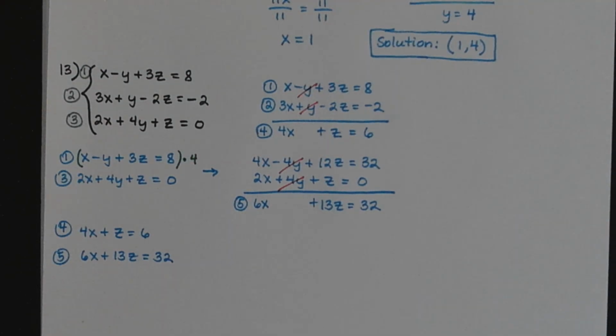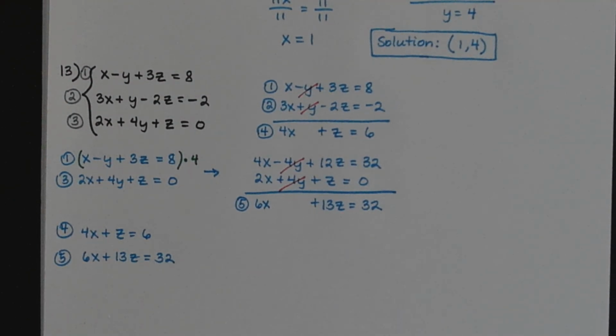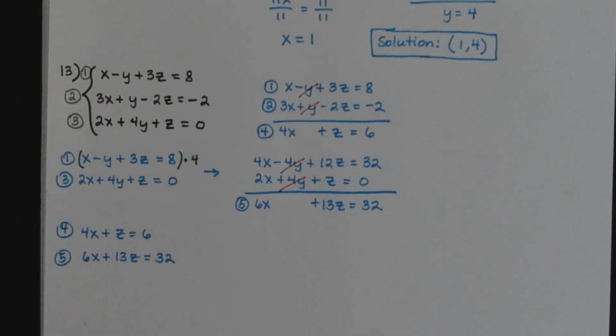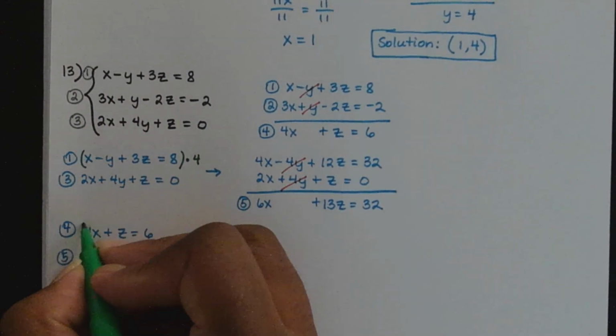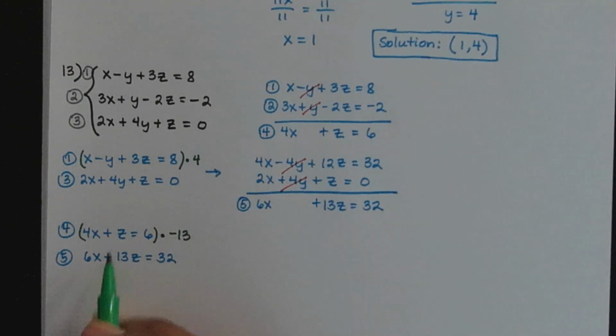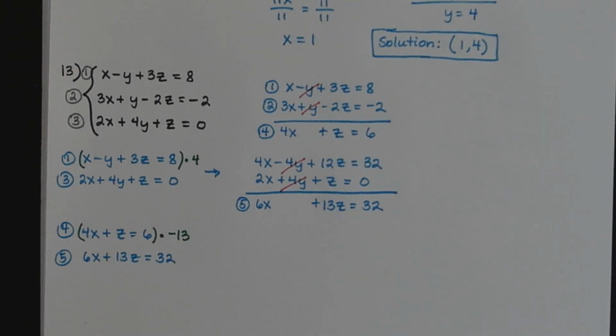Now, which variable would you like to eliminate, the x or the z? Let's eliminate the z. And if I want this z to have opposite signs and the same coefficient, I need to multiply it by what? Negative 13. Because both of these are plus. One of them has to be negative, and the other one has to be a plus in order for me to eliminate. So we'll multiply equation 4 by negative 13.